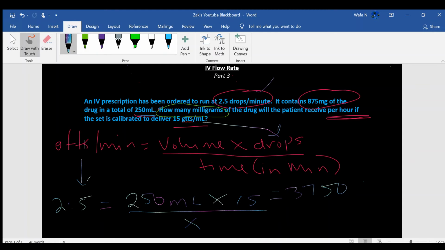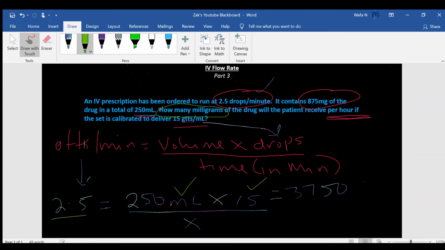Again, that's based on the 250 times the 15. That's where we got the 3,750 from.